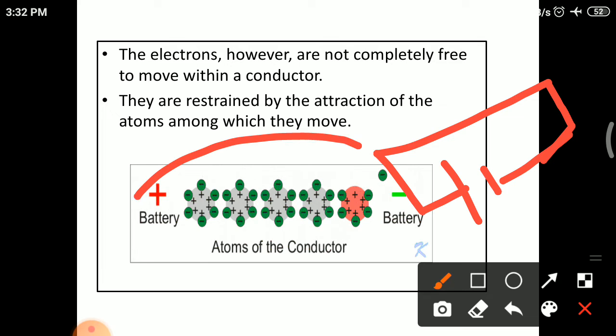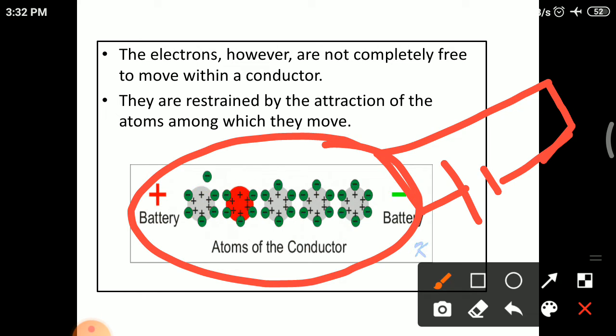This conductor has many atoms. When I connect it with the battery, the electrons from the atoms move from one atom to another atom. But the electrons are not completely free to move within a conductor.